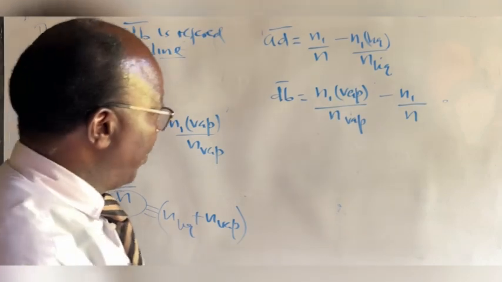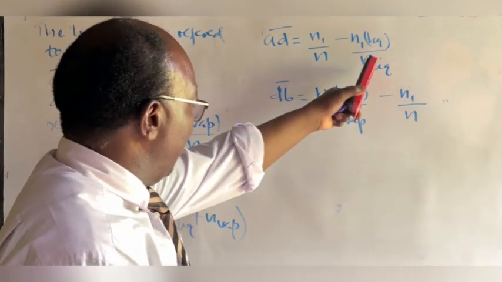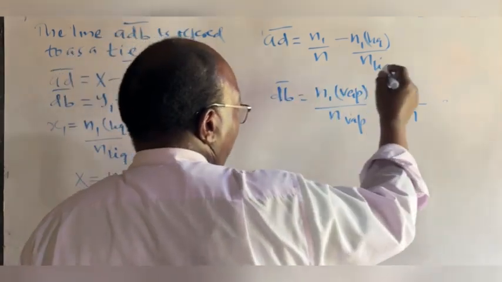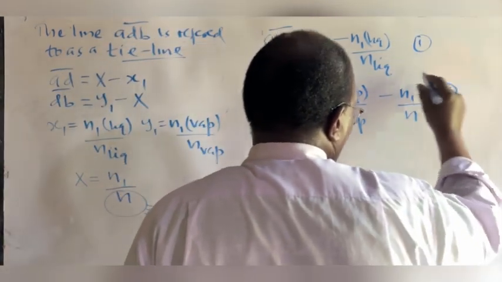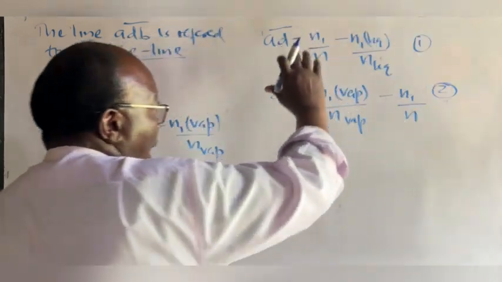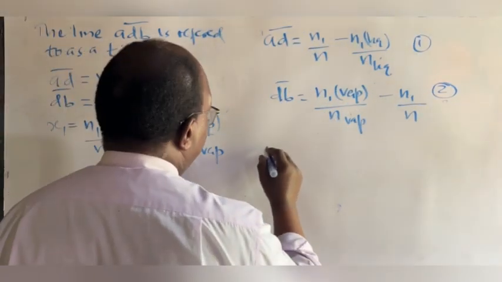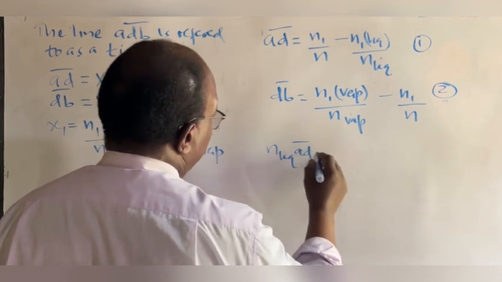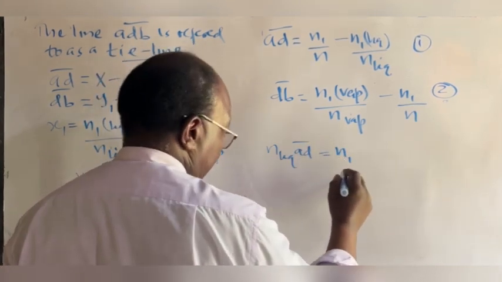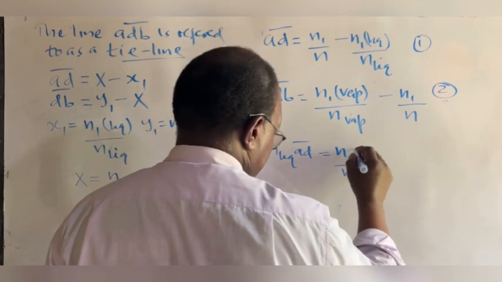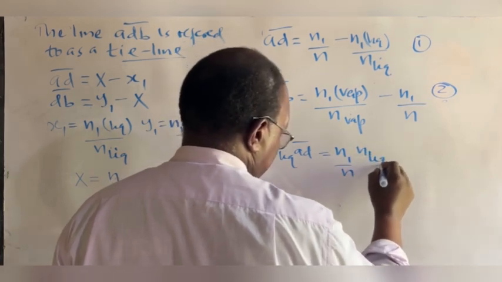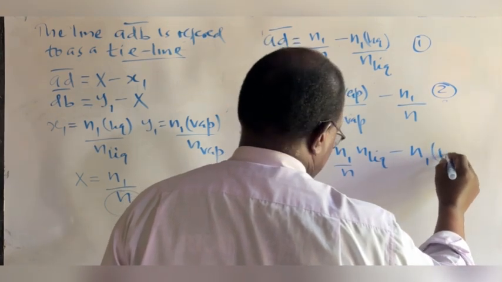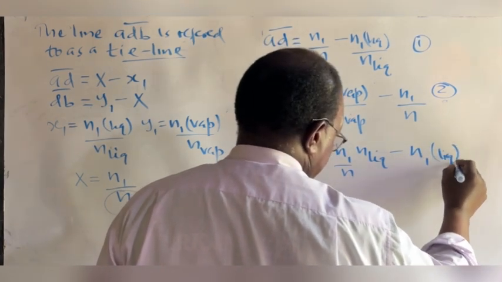Let's simplify these expressions. Let's cross multiply by N liquid and cross multiply by N vapor. So let's call that expression 1, expression 2. So if we cross multiply expression 1 by N liquid, then we will have N liquid AD is equal to N1 over N liquid minus N1 liquid.